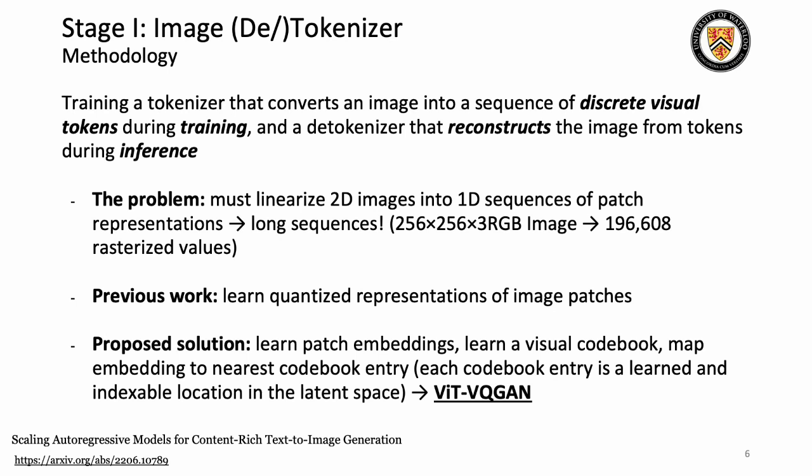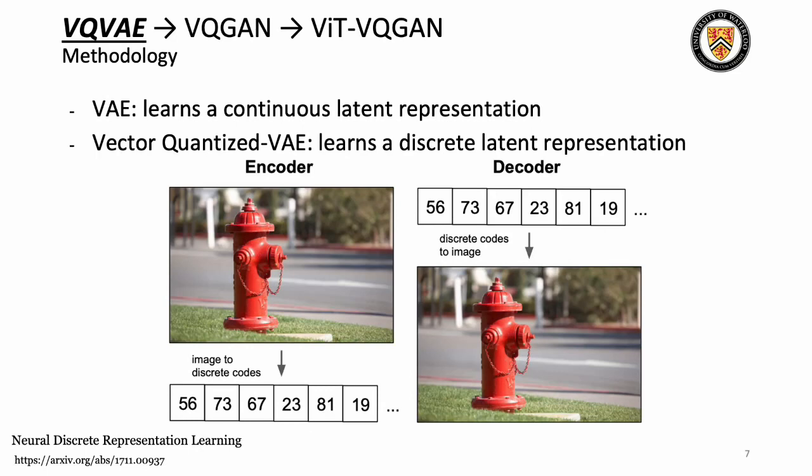This is achieved using the Vision Transformer or VIT structure combined with the Vector Quantized Generative Adversarial Networks, or VQGAN. Combined it is known as the VIT VQGAN. This approach not only streamlines the image data into a manageable sequence, but also maintains the richness of the image's information. Let's now talk about VIT VQGAN in detail.